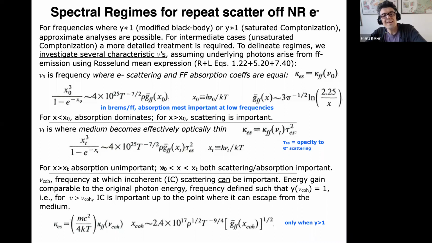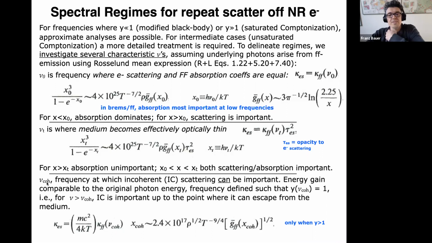If it's in between these, then scattering and absorption are both important. And above this, we still have that scattering could be important. Then there's a third frequency here, which is called the coherent frequency.